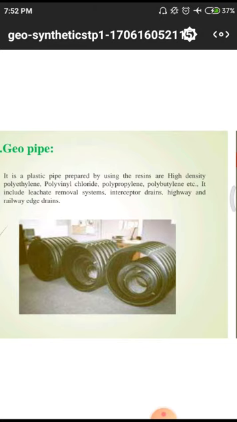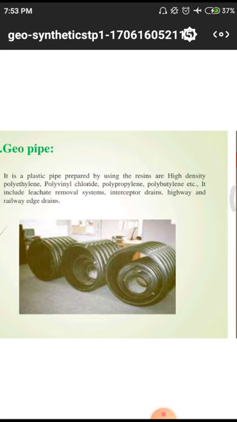To overcome those kinds of effects, we have to go for geopipes, so that the total electric wires, internet wires, and some pipelines for drinking water and other cases can be housed using this mechanism. It is a plastic pipe prepared using resins, high-density polyethylene, polyvinyl chloride, that means PVC pipes, polypropylene, polystyrene, etc. Those are included in leachate removal systems, interceptor drains, and highway and railway edge drains.